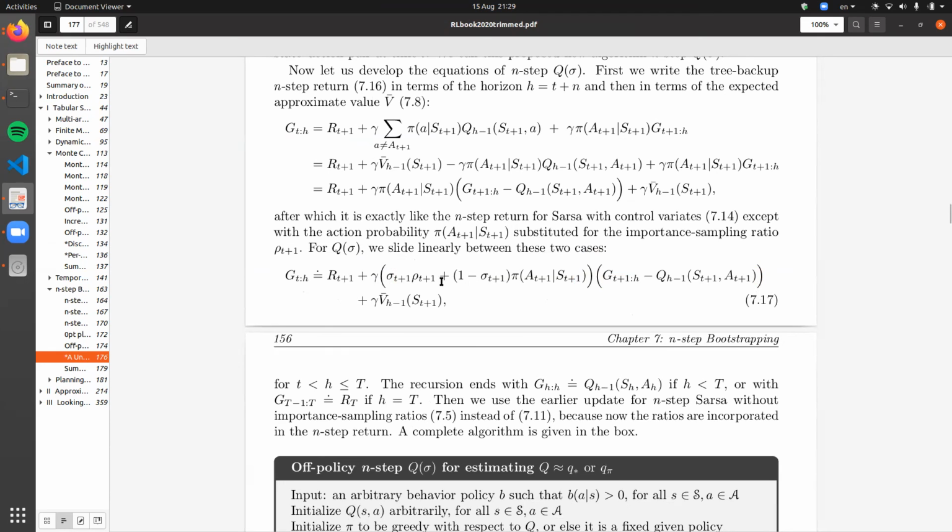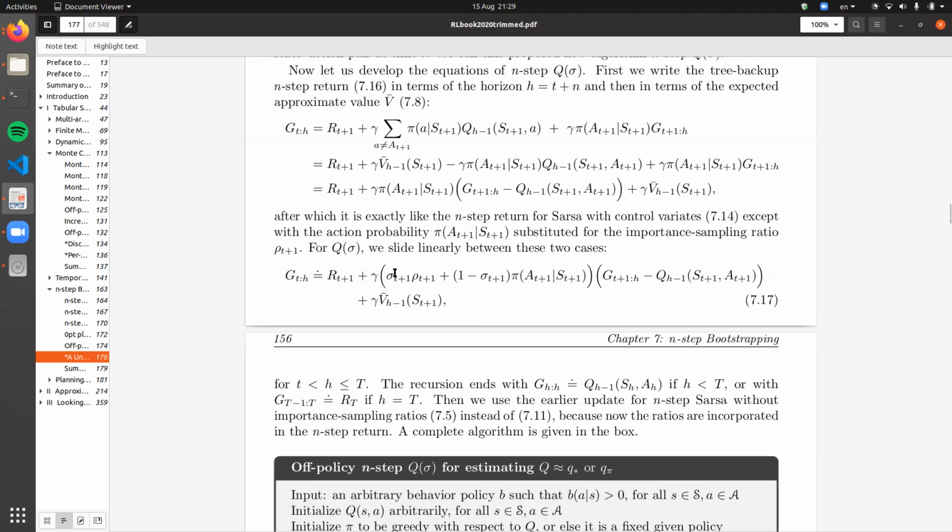So here we have sigma times rho plus 1 minus sigma times the probability of action t.